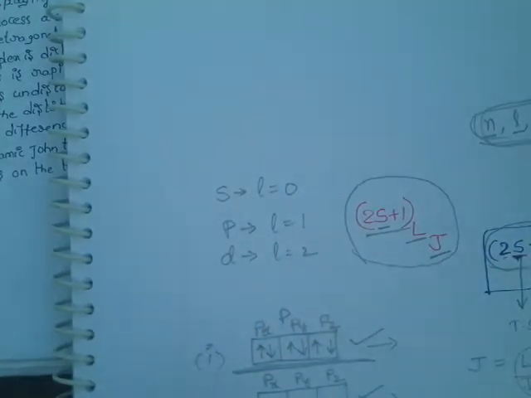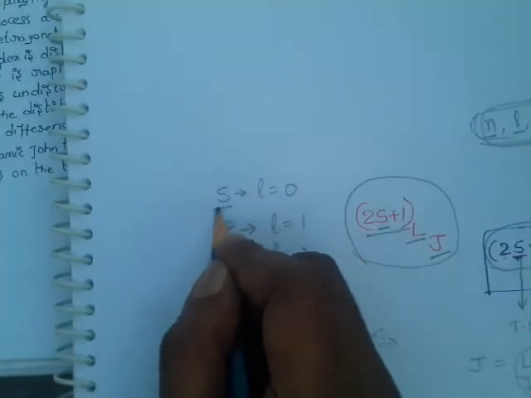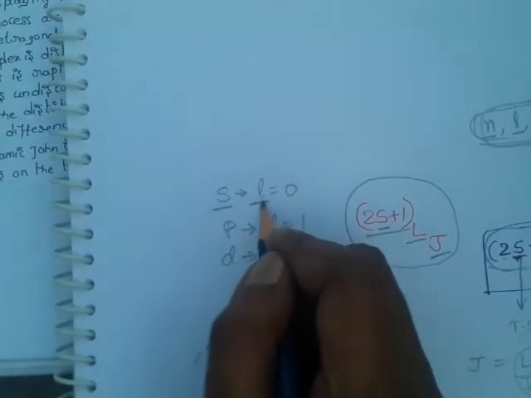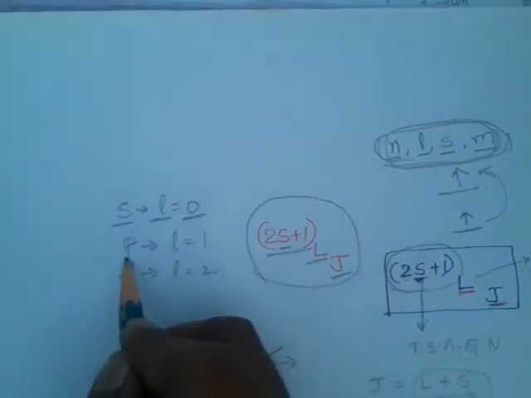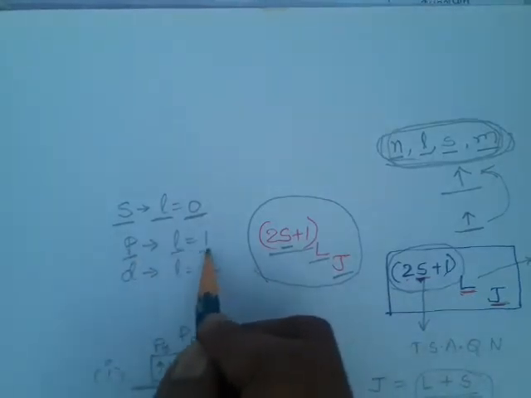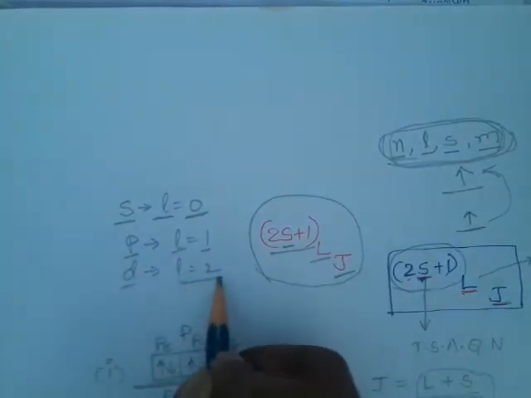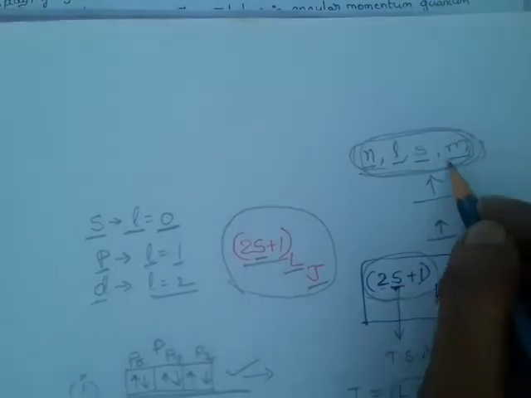L means the azimuthal quantum number. For s orbital its value is 0, for p orbital it is 1, for d orbital it is 2. Then the M values.